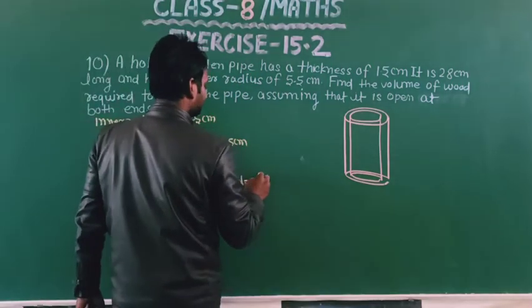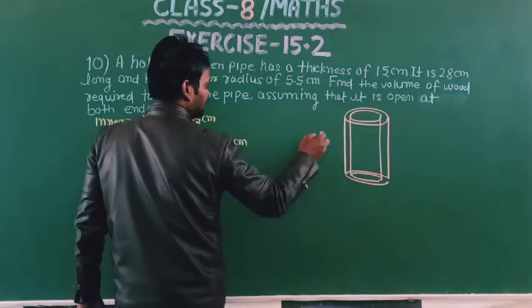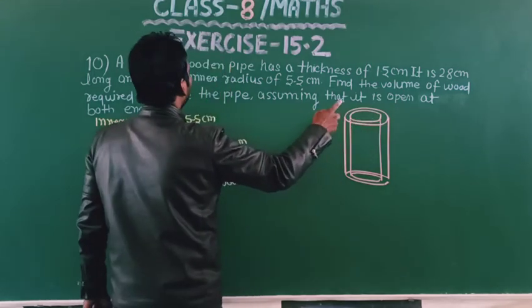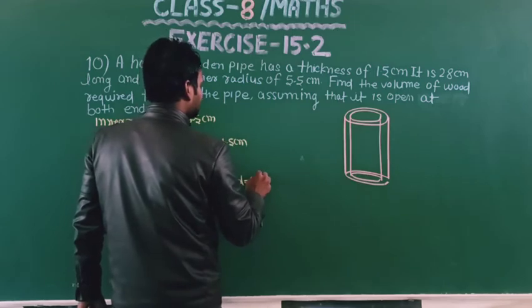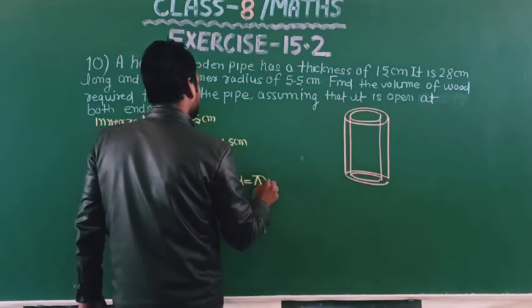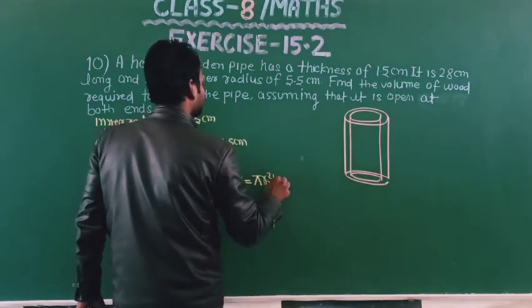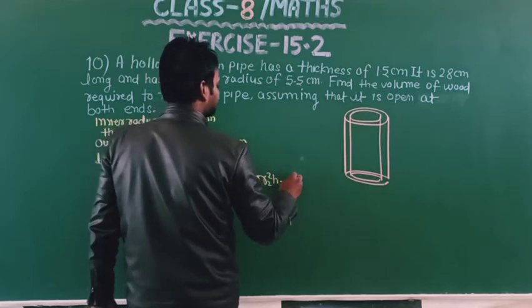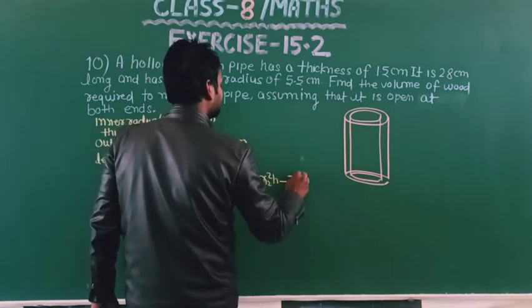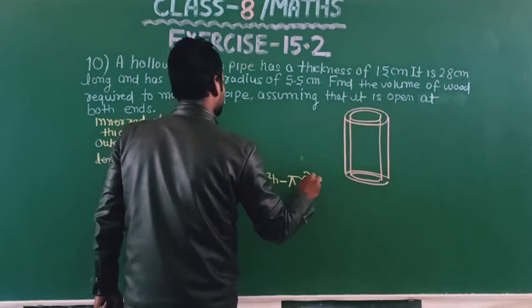The volume of the outer wooden pipe is pi R2 square h, minus the inner, pi R1 square h.